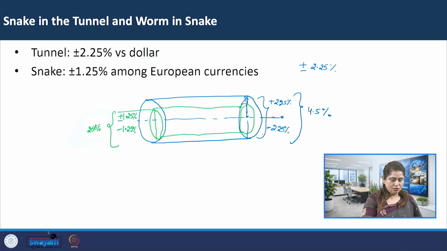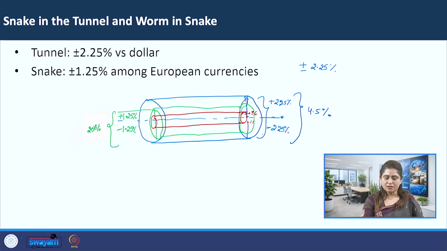There was also one more concept of the worm in the snake, in which a few countries pegged their currencies in such a manner that they could fluctuate plus 1 and minus 1% with each other.